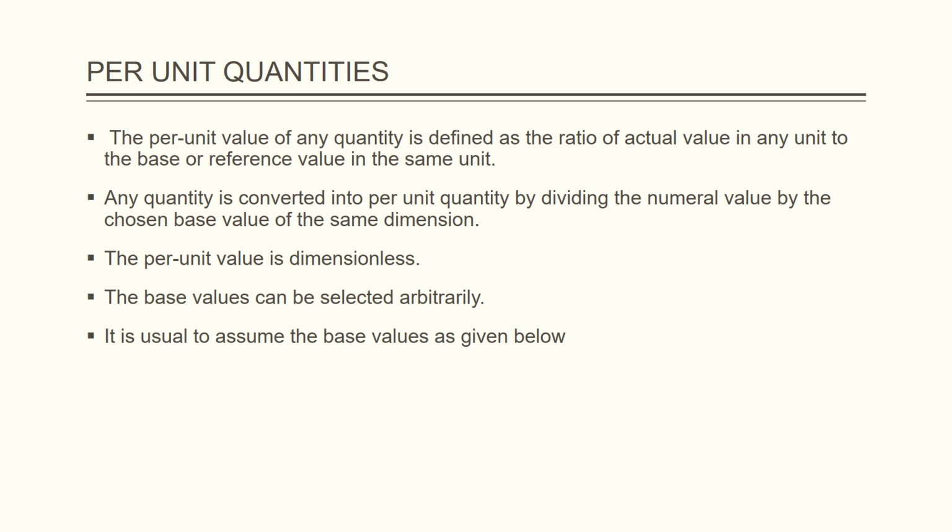Any quantity is converted into per unit quantity by dividing the numerical value by the chosen base value of the same dimension. The per unit value is dimensionless. It has no units. The base value can be selected arbitrarily. It is usually assumed the base value as given below.